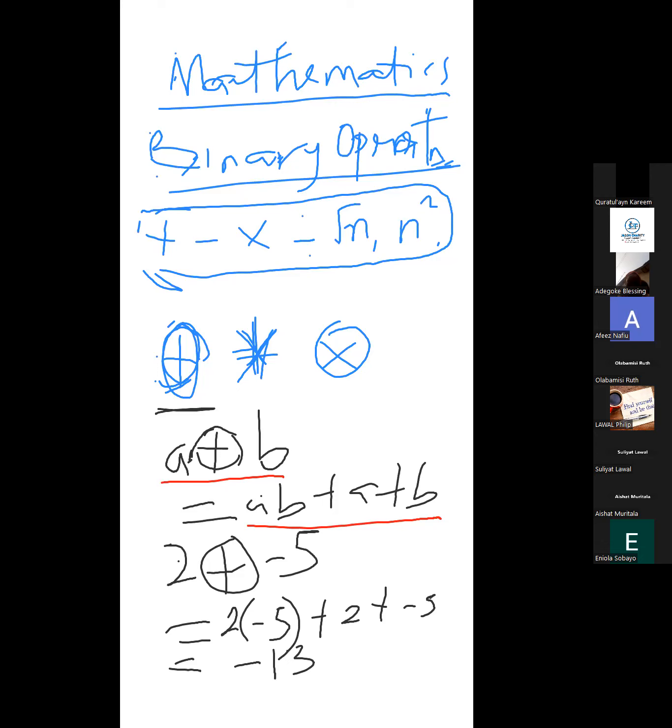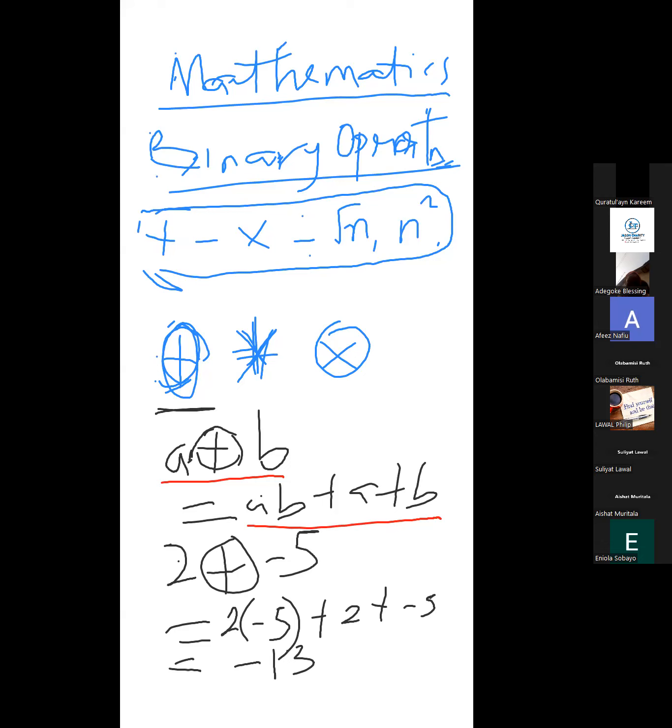What I'm interested in is, will I get a whole number? 2 and minus 5 collectively belong to the set of integers.